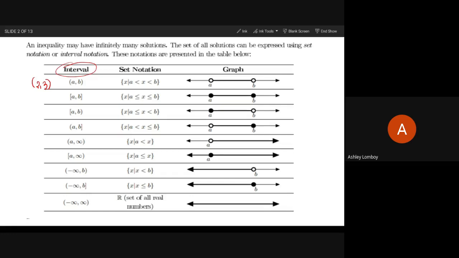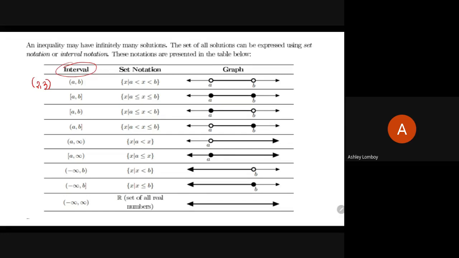Kasama doon yung mga irrational numbers. Those are numbers which are non-terminating and non-repeating decimal. Yung repeating non-terminating ay rational yun ha. Baka magulo tayo. So, ibig sabihin ng (2, 3), ang 2 ay excluded, ang 3 ay excluded.